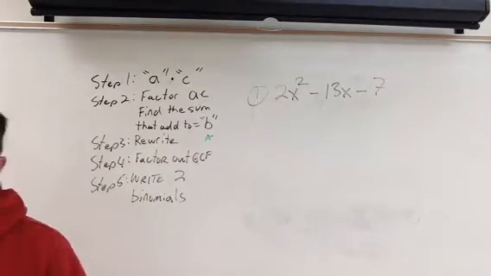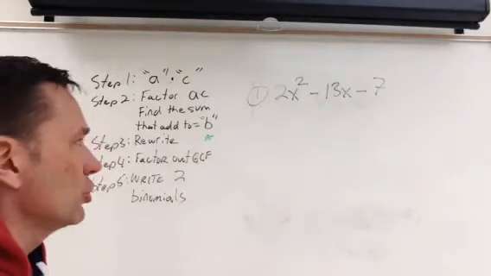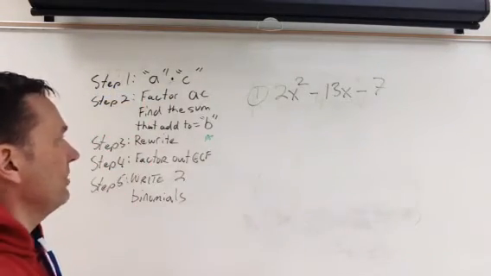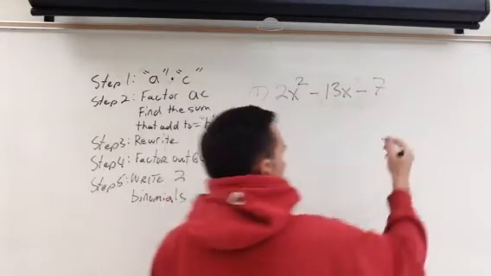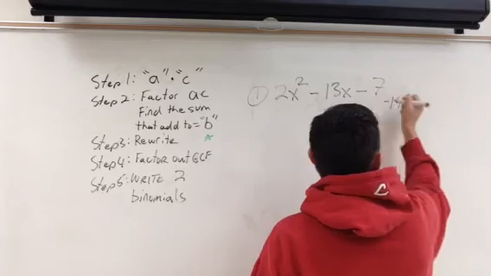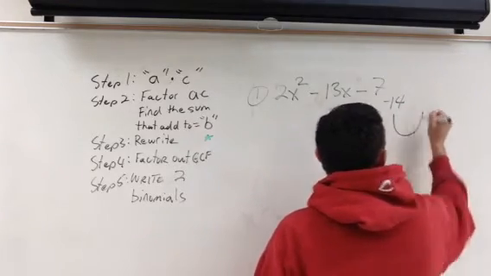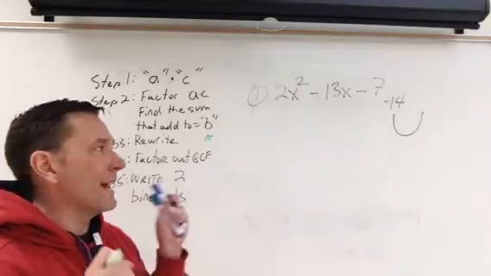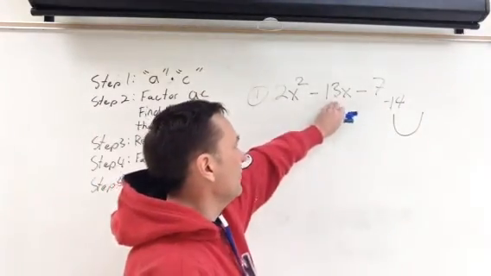So again, think about what's coming first. Try to do this on your own. A value times c value is negative 14. Let's do a horseshoe. Now remember, when we add them up, it has to equal negative 13.